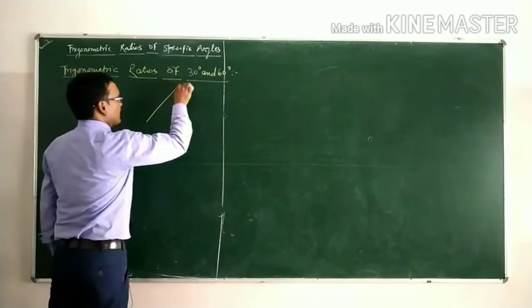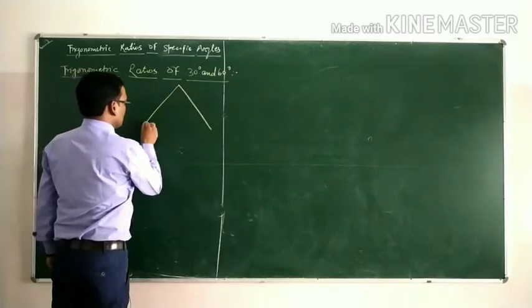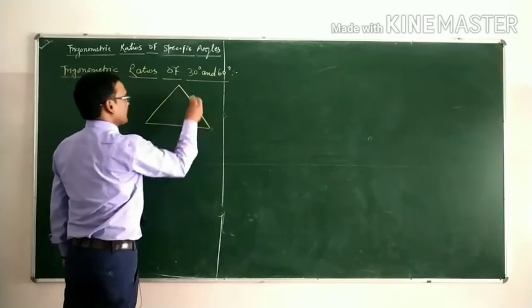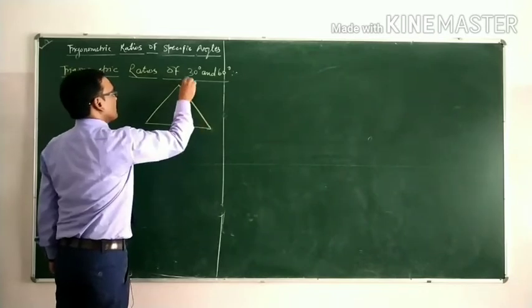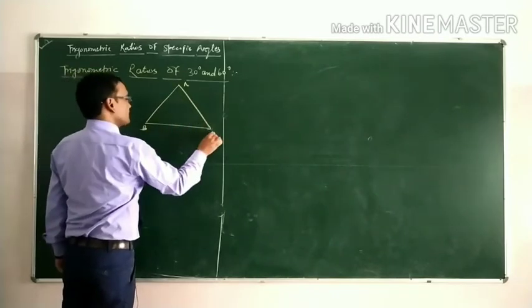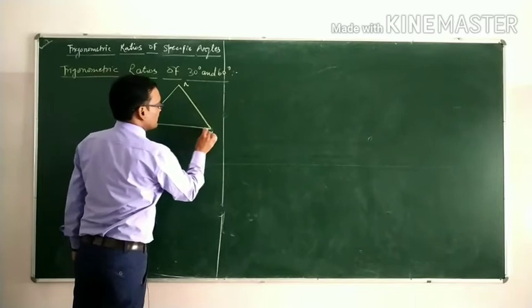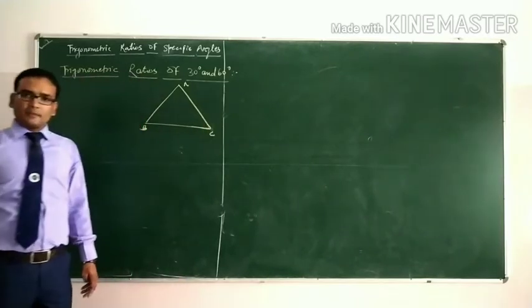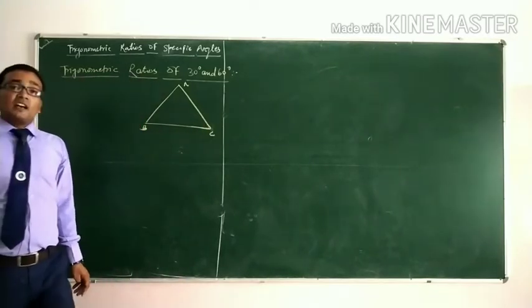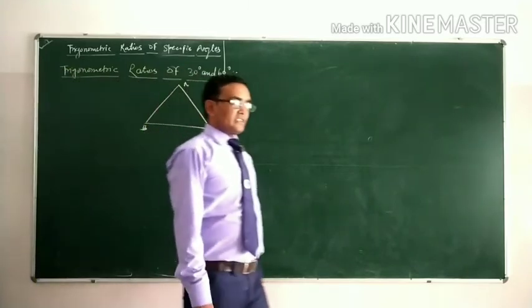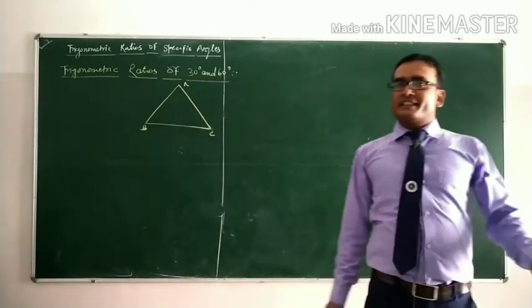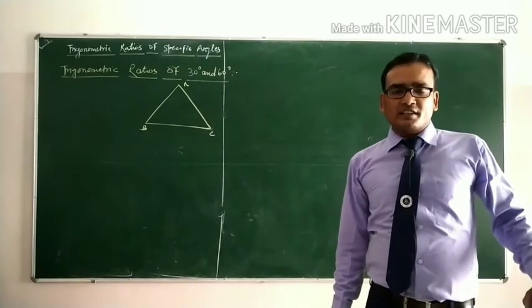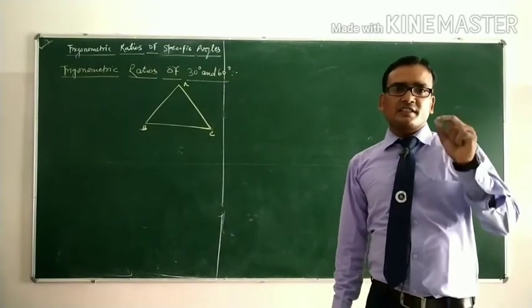We take an equilateral triangle ABC. Each interior angle of the equilateral triangle is 60 degree.